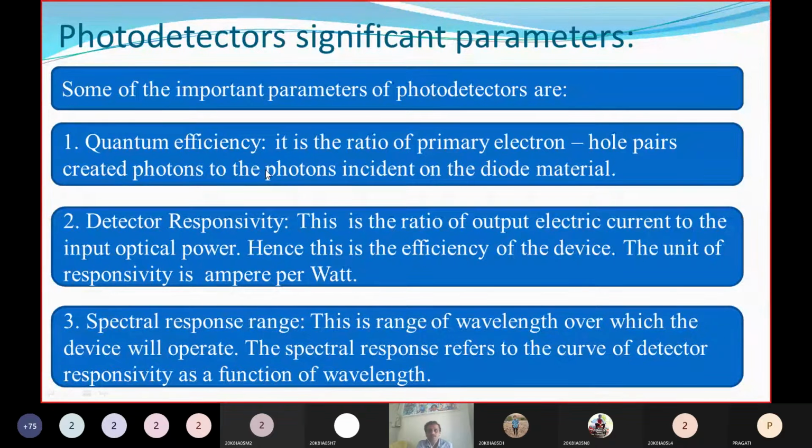So what is the quantum efficiency? It is the ratio of primary electron hole pairs created by photons to the photons incident on the diode material.